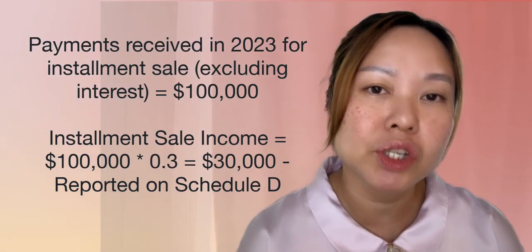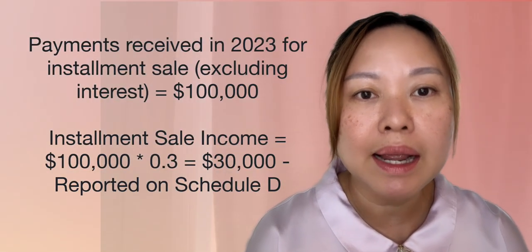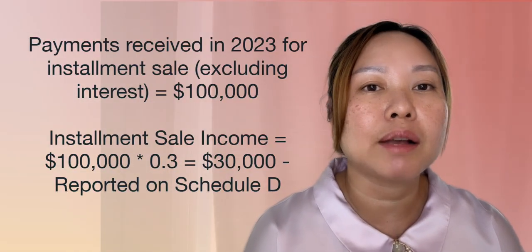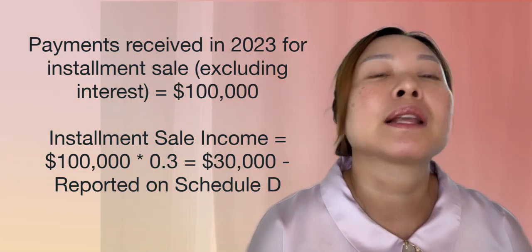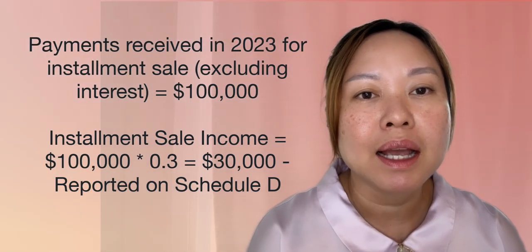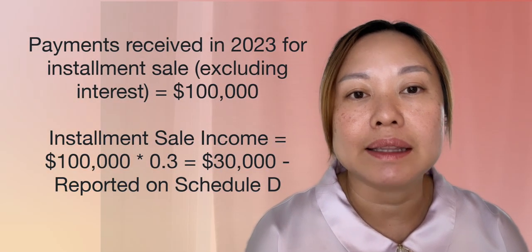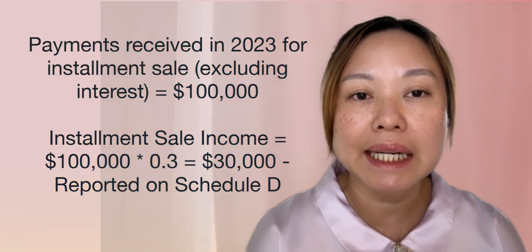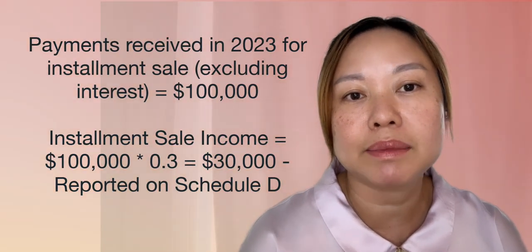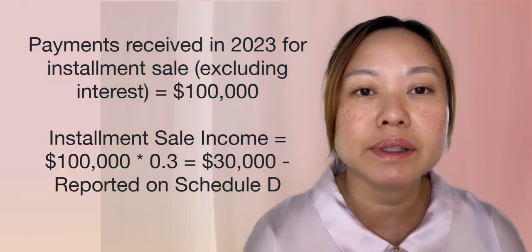Next up, we want to calculate the payment that we received this year, say 2023, for the installment sale, excluding interest. Think of it as maybe just a down payment, right? So it's $100,000 that the buyer paid us for the house. The installment sale income is the income allocated to the installment sale for this year.